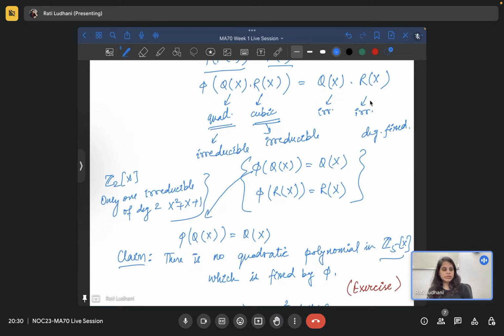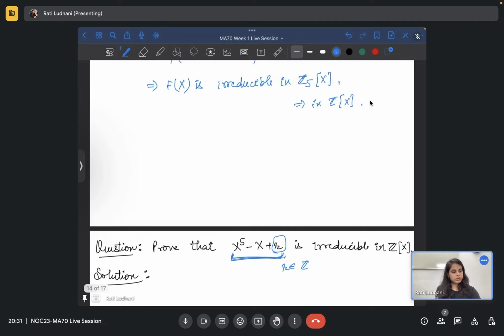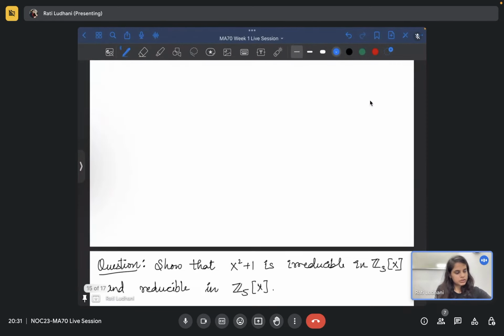For reducibility, you cannot say. For example, you can also prove that x raised to power 5 minus x plus r, where r belongs to Z, is irreducible by the same argument for certain r.